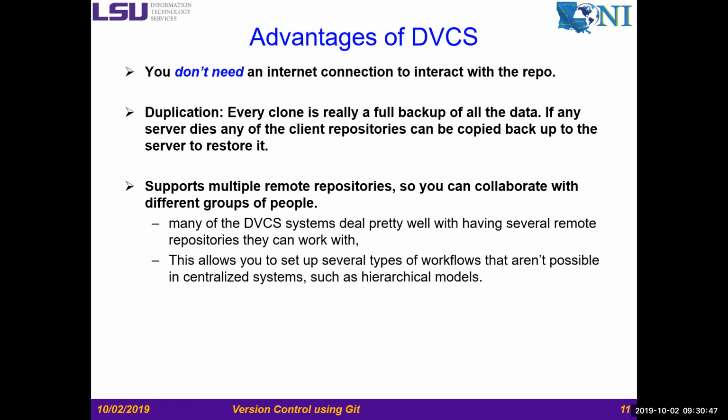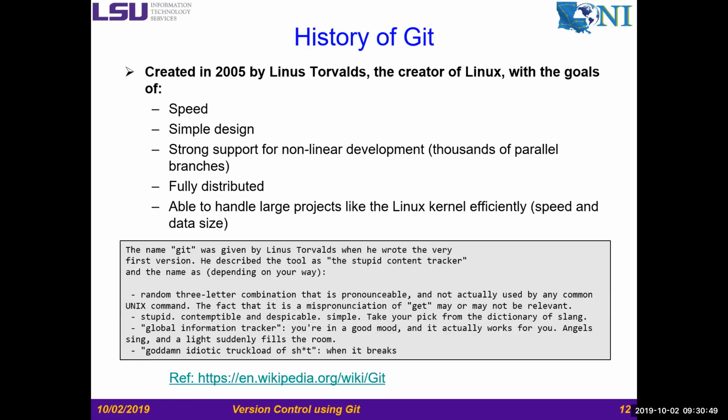All right, the last slide before we end the background part is the history of Git. As I said, this is not a history class, but this software was created by the founder of the Linux operating system. He wrote it.